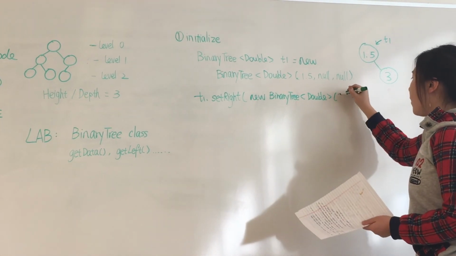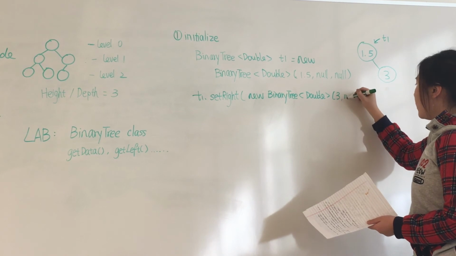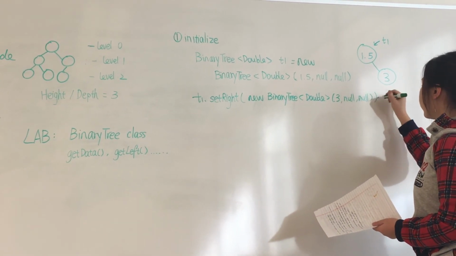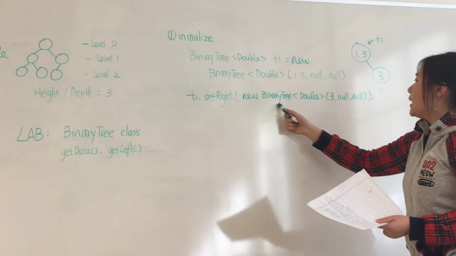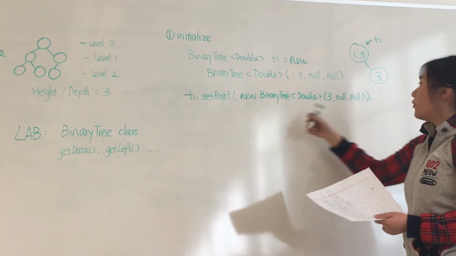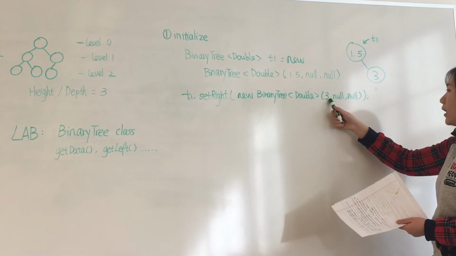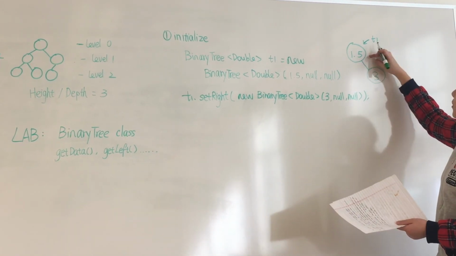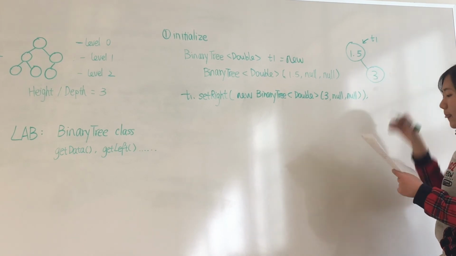This new tree will have the data of 3, and then it doesn't have any children. So inside this new initialization, we'll create a new node with data 3, and then we say T1.setRight. This node will create this hierarchy over here.